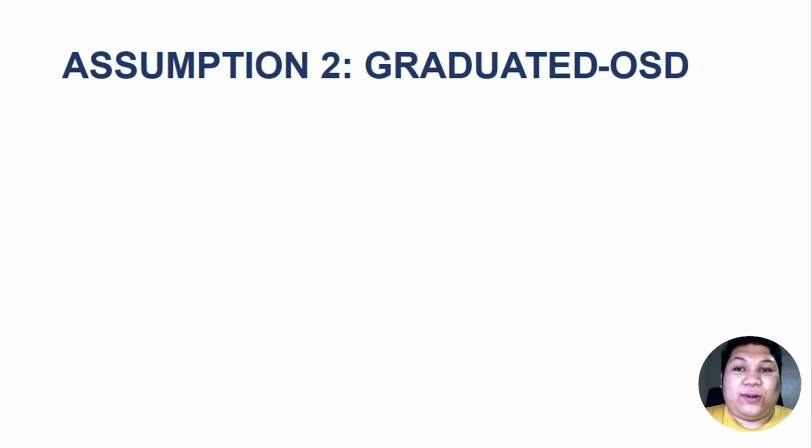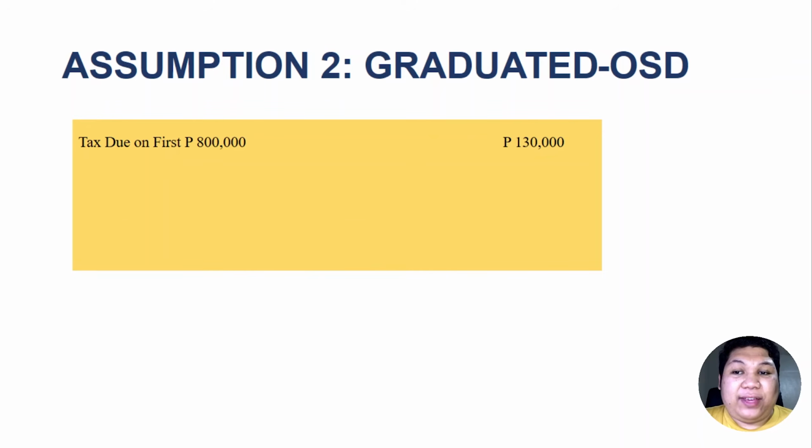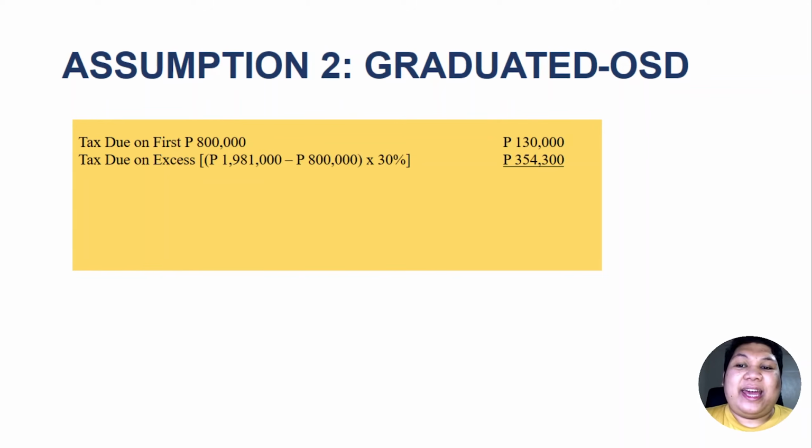In computing Juan's income tax due, the tax due on the first 800,000 is 130,000 pesos, and the tax due on the excess is 30%, and that is 1,981,000 minus 800,000 times 30% to get a total income tax due of 484,300 pesos. However, we still have to deduct the creditable withholding taxes.